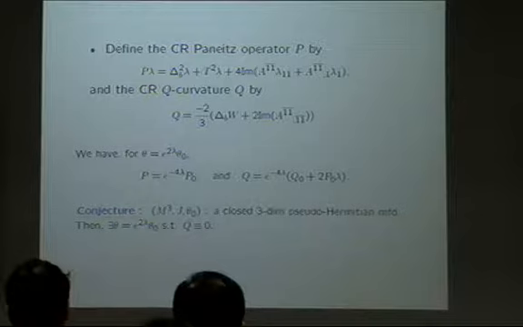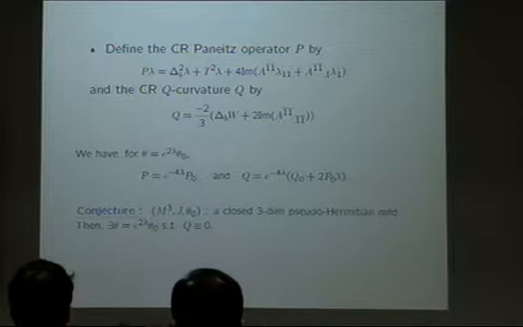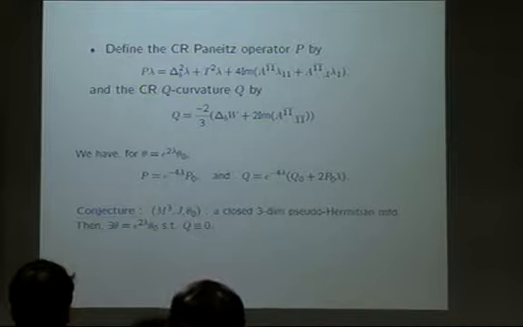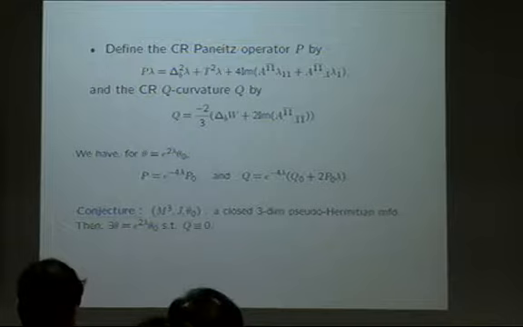The Paneitz operator and Q-curvature were originally considered in conformal geometry, and in conformal geometry these are considered as a generalization of the Laplace operator and scalar curvature on two-dimensional surfaces.